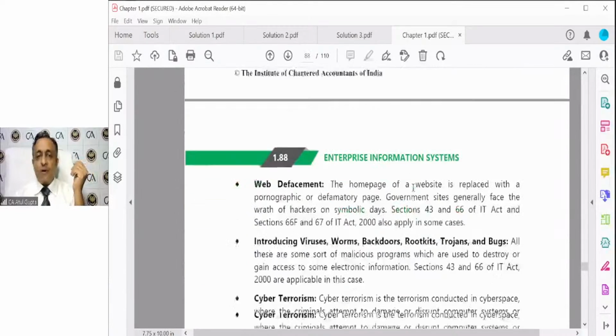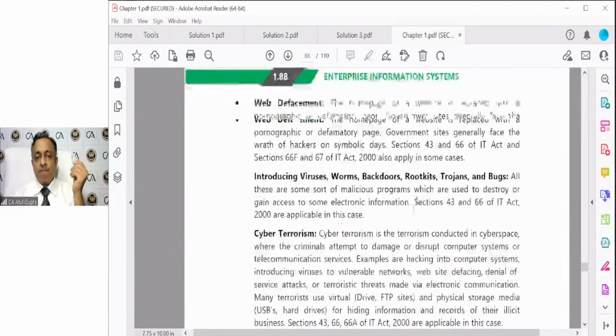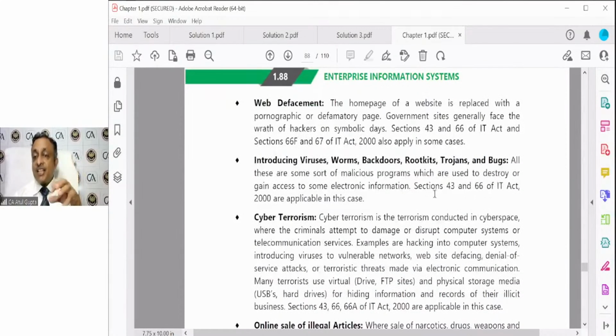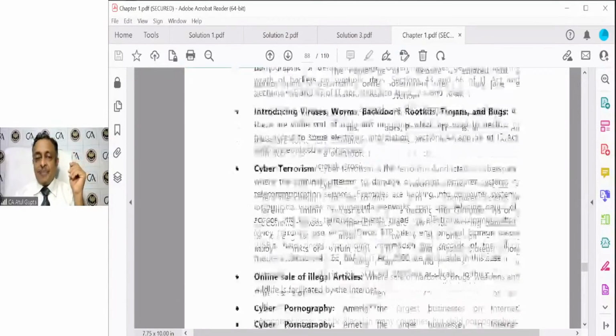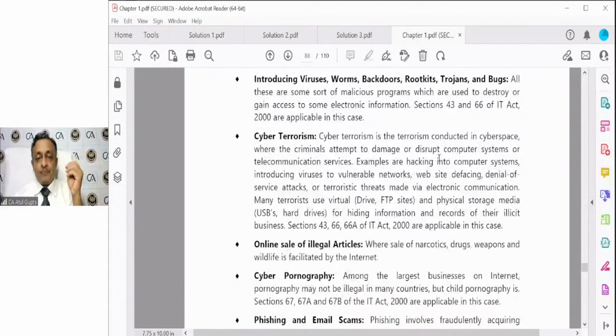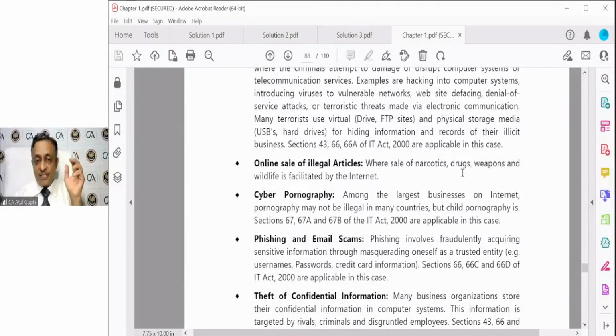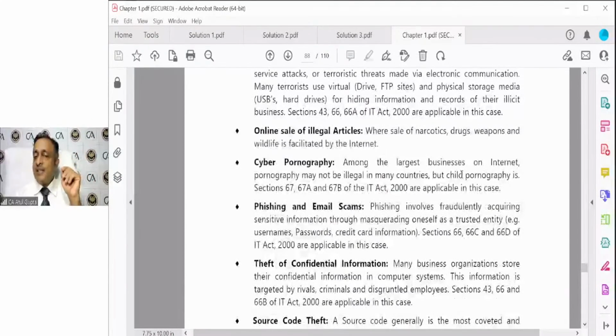Credit card fraud, website defacement, viruses, worms, backdoors, rootkits, spamware, malware. So the header is there and the sections of the IT Act that cover them are there. Kindly keep a tag of it because you could have a direct question in the examination. Cyber terrorism, illegal articles, cyber pornography, the related sections, phishing, email scams.